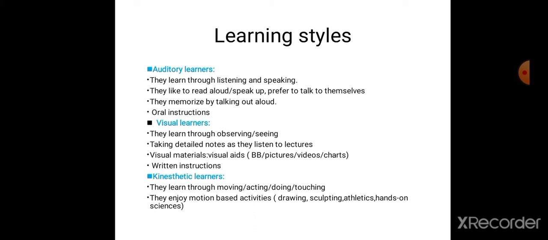From the word, you will know which type we are talking about. They take detailed notes as they listen to lectures. They prefer visual materials like visual aids, blackboard, pictures, videos, charts. They prefer written instructions.